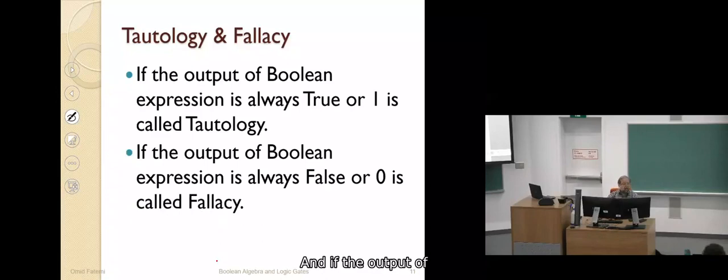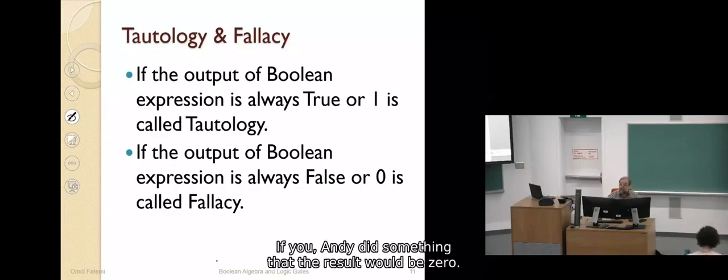And if the output of a Boolean expression is always 0, then it is a fallacy. So if you OR it with something, the result becomes that something. If you AND it with something, the result would be 0.